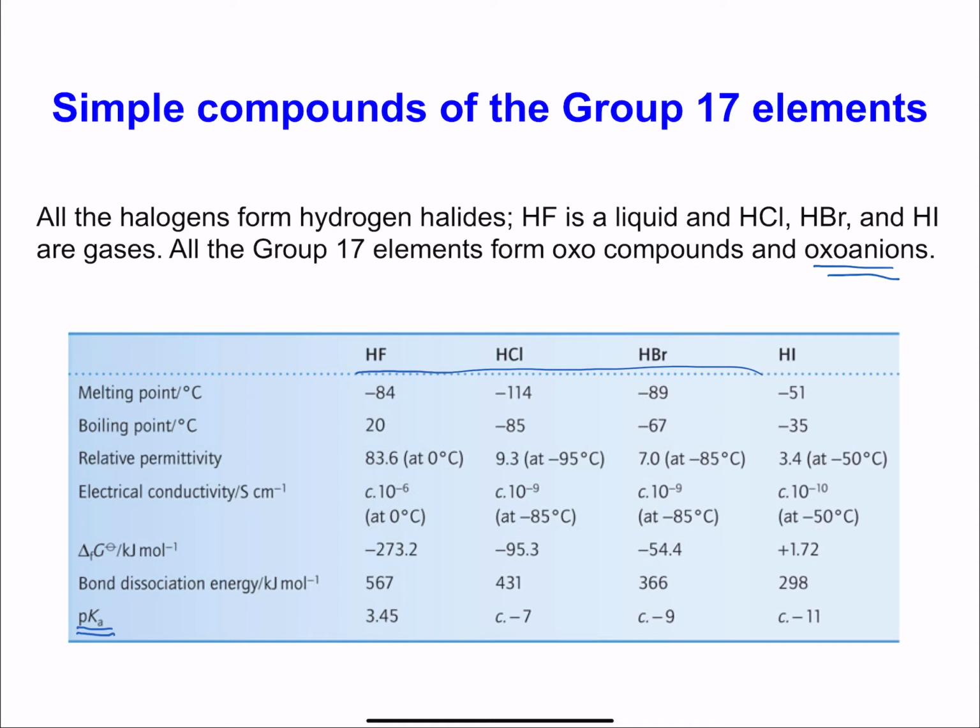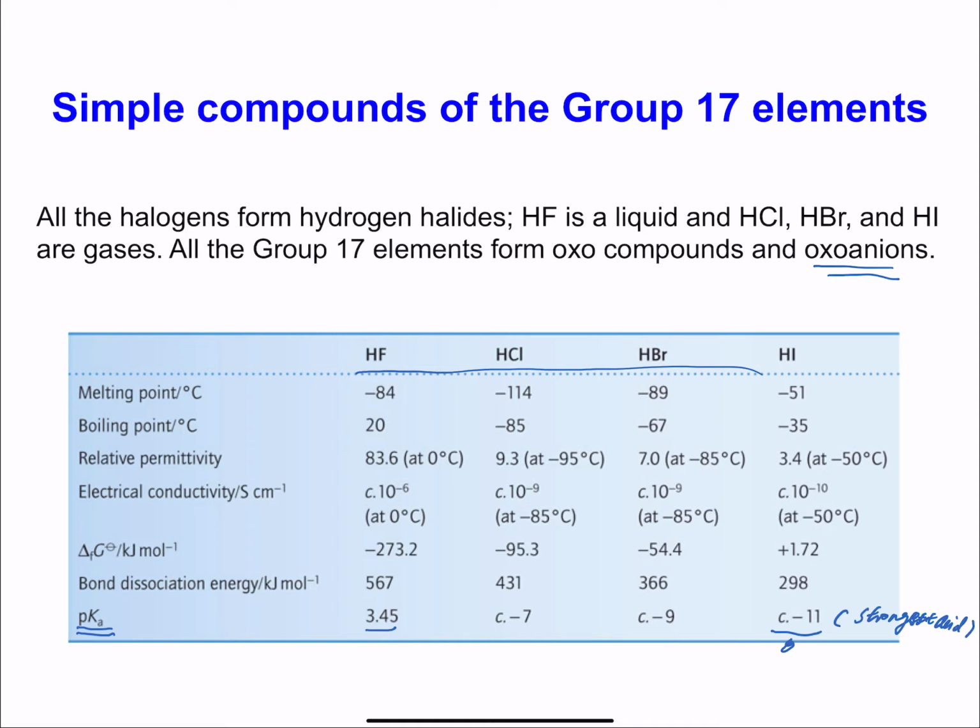I think the most important property we need to pay attention to is pKa. The reason is that these hydrogen compounds are common acids. They are common mineral acids we use in labs in our daily studies and in the chemistry labs. Okay, so you can say this one has a pKa of 3.5 and HI has -11.